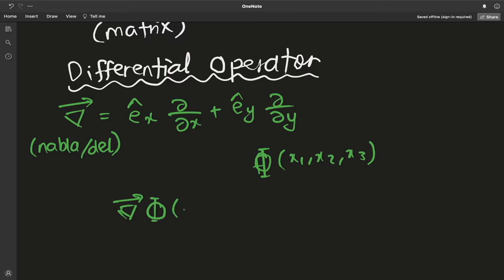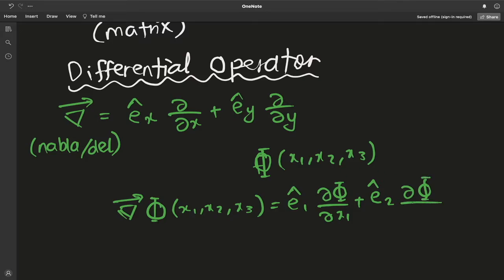So you have nabla of phi of x1, x2, x3, and then that just becomes e1, because of these subscripts, partial phi over partial x1, plus, keep doing the same for the three variables that it depends on.